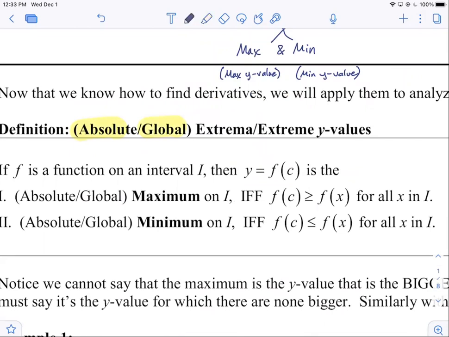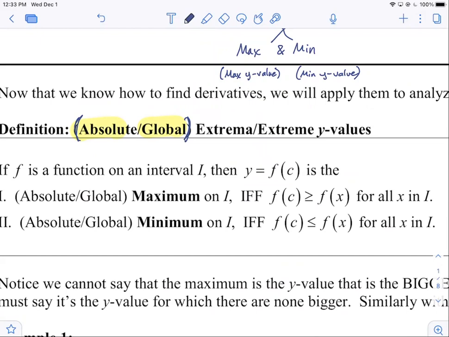Notice how it's in parentheses. What that means is it's not even needed. You don't have to have an adjective in front. It's nice because the goal is to communicate and you don't want to be misunderstood. But if I just say max or min, it means absolute or global max or min.